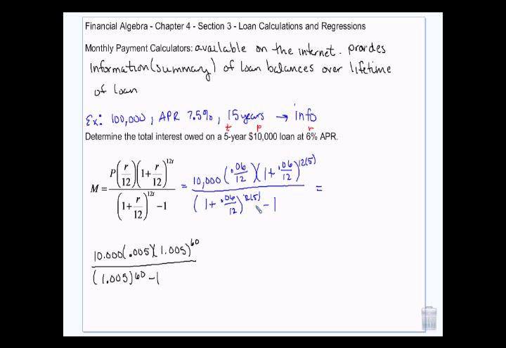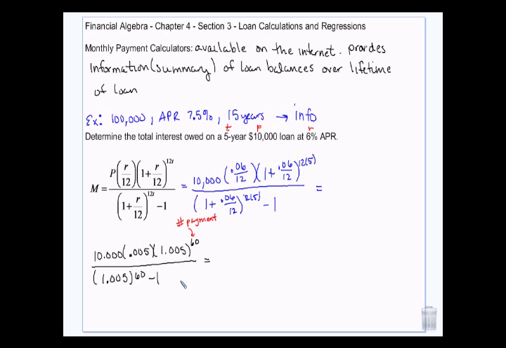Now, one thing that I want to point out, if you're taking out a 5-year loan, you're making 60 payments. So this exponent also ends up being how many payments you make. So that's just kind of like an interesting little thing that happens.